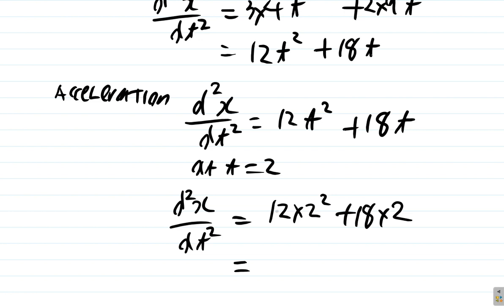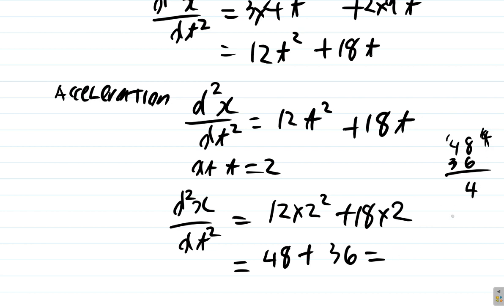That will give you 2 twos are 4, 12 fours are 48, plus 18 twos are 36. 48 plus 36 is 84.